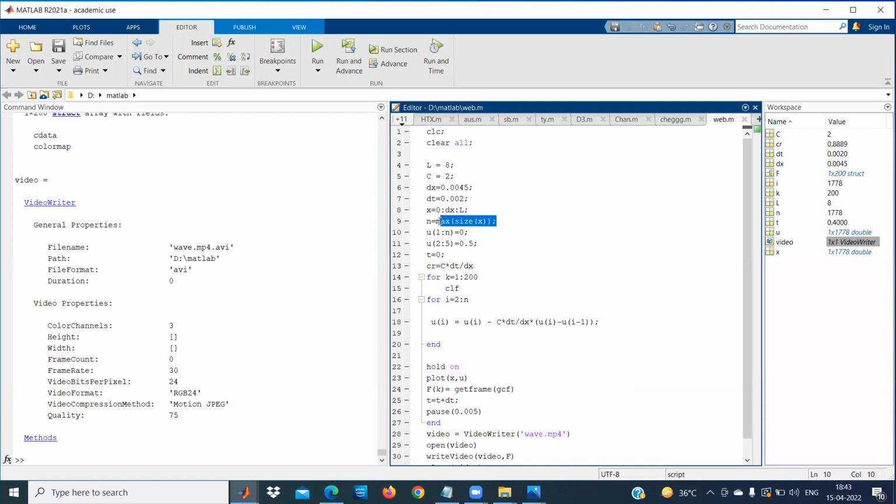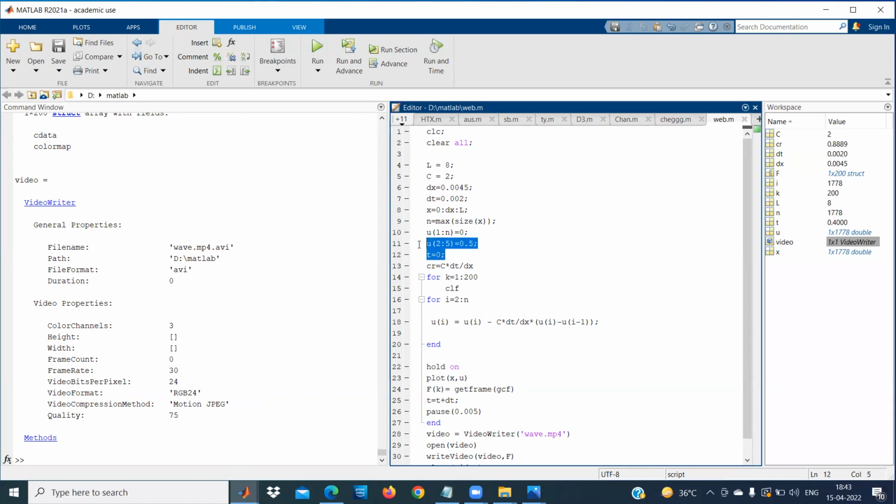This is the number of nodes in the x direction, and this is the initialization. Here at u2, u3, u4 and u5, the wave amplitude will be 0.5, and at other places the wave has zero amplitude, right?